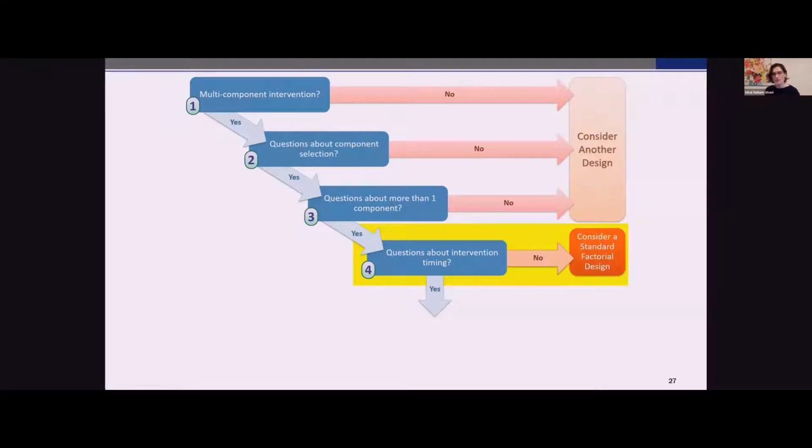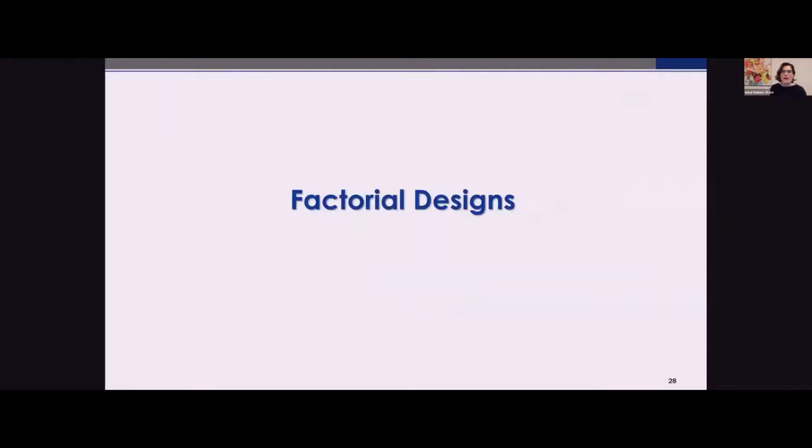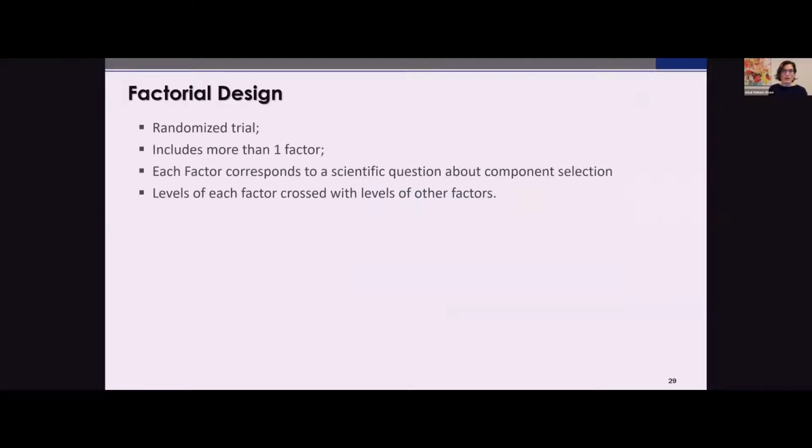Okay, so let's talk a little bit about factorial designs. Factorial designs, I think most of us are familiar with these types of trials. They are just randomized trials. They involve random assignment of participants to intervention conditions. But they're special because they include more than a single factor.